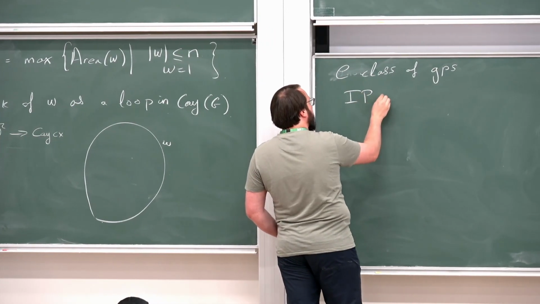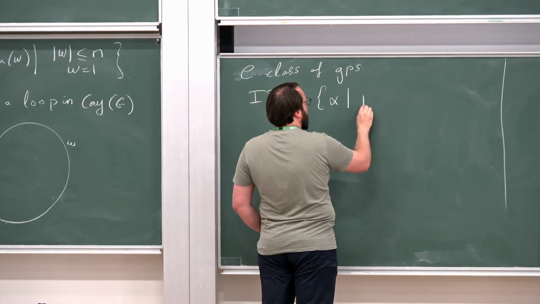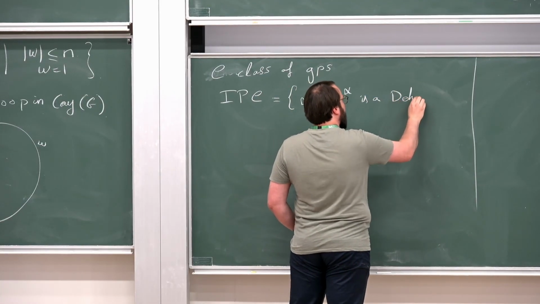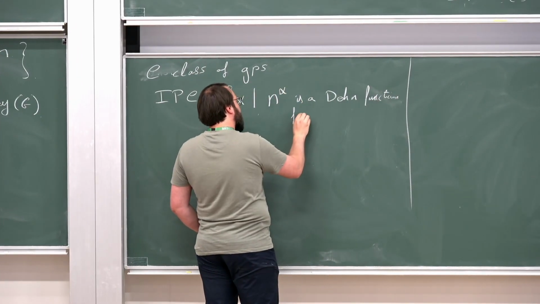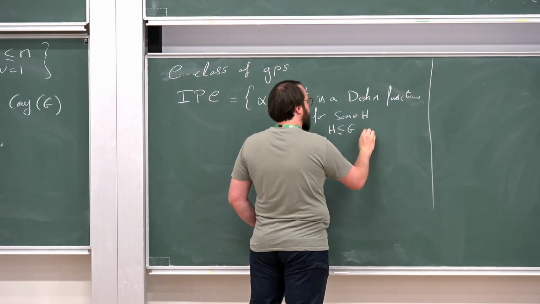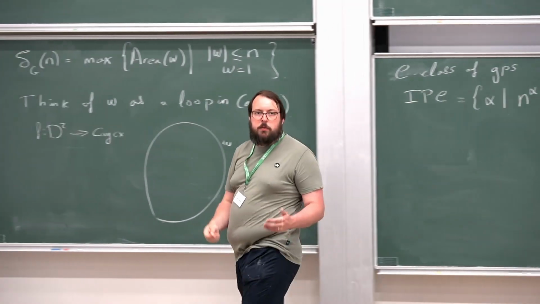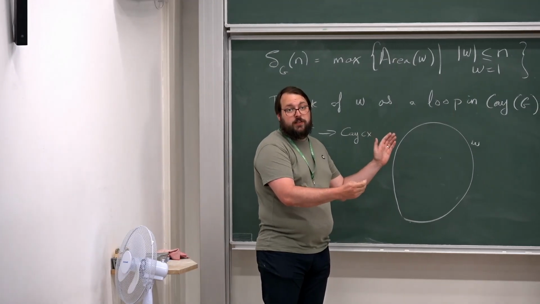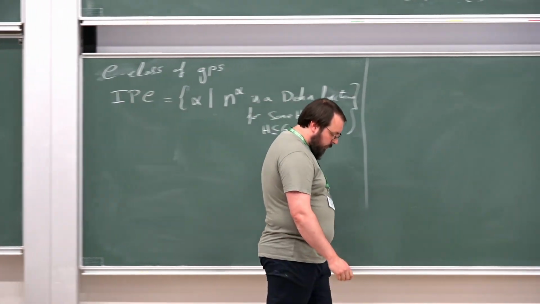The isoperimetric spectrum for C is going to be something like the set of alpha such that n to the alpha is a Dehn function for some H, where H is a subgroup of G, and G is in your class. So maybe your class is rigid. In a short moment, I'm going to start talking about hyperbolic groups, where it's not interesting to ask what are the Dehn functions of hyperbolic groups. Gromov tells us this, but it's maybe more interesting for subgroups.